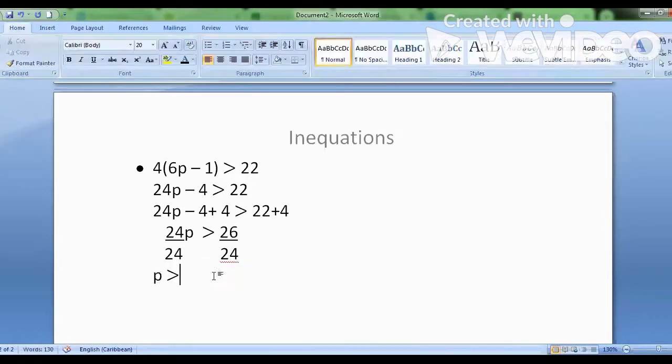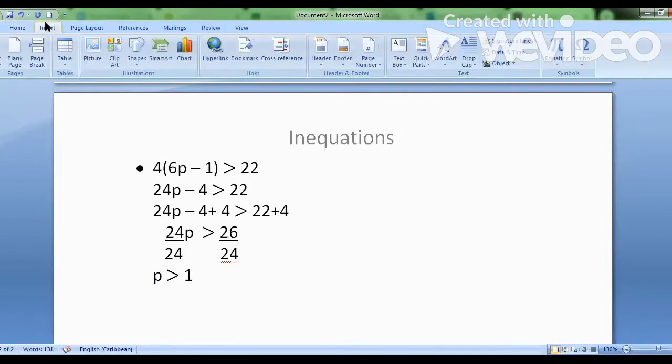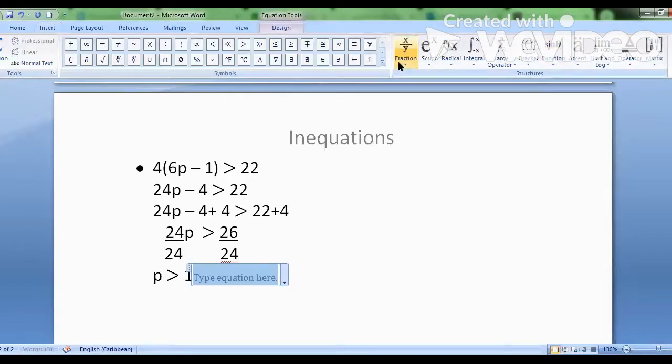Is greater than 1 and what? 2 over 24. 1 over 12. 1 and 2 over 24. 1 over 12. 1 and 1 over 12. Well, 1 and 2 over 24 is the same thing as 1 and 1 over 12.